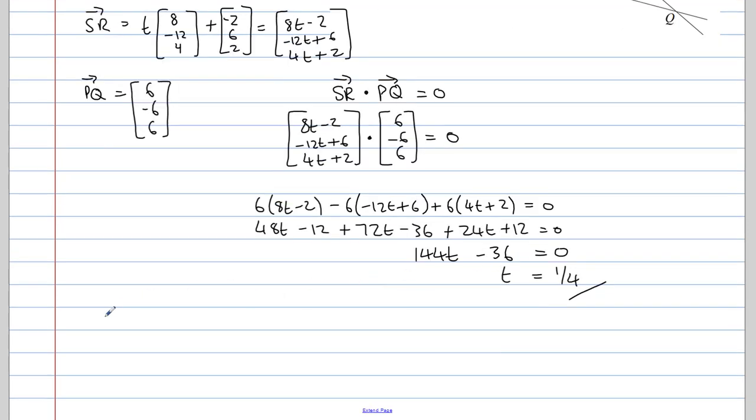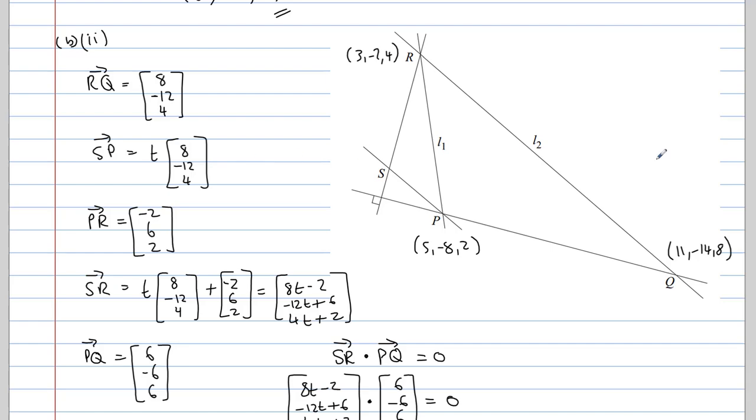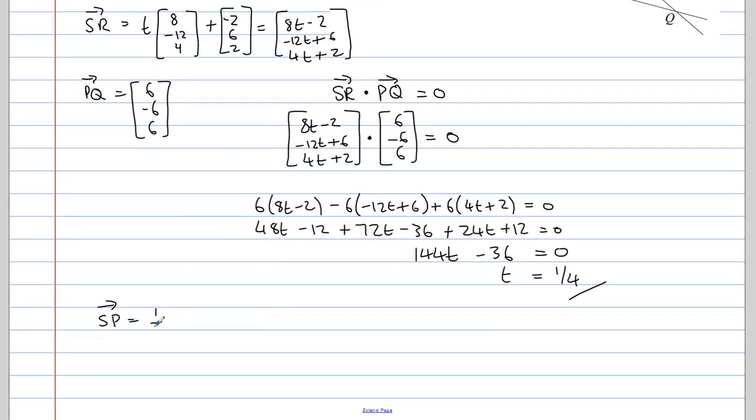Now that I know what t is, I can write down an expression that represents SP, which is t multiplied by 8, minus 12, 4, which gives me 2, minus 3, 1. Finally, I need to think about how I can get from the origin to S, which will give me the coordinate.